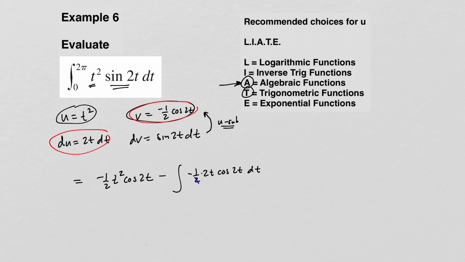Now the 1/2 and the 2 cancel out there, and this becomes negative 1/2 t squared cosine of 2t, minus a negative, so plus the integral of t cosine 2t dt.